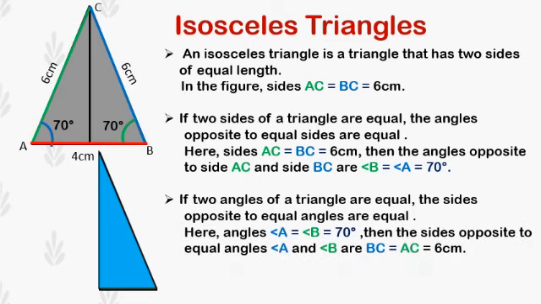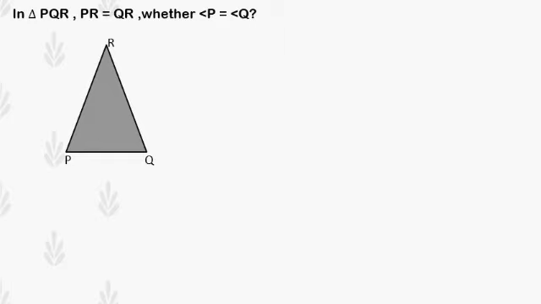So we can write angle A equals angle B equals 70 degrees. Then the sides opposite to the equal angles, angle A and angle B, are BC equals AC equals 6 centimeters. When the equal sides coincide, the angles also coincide, right?